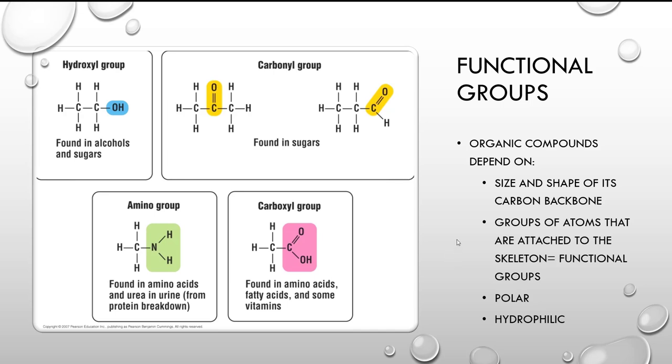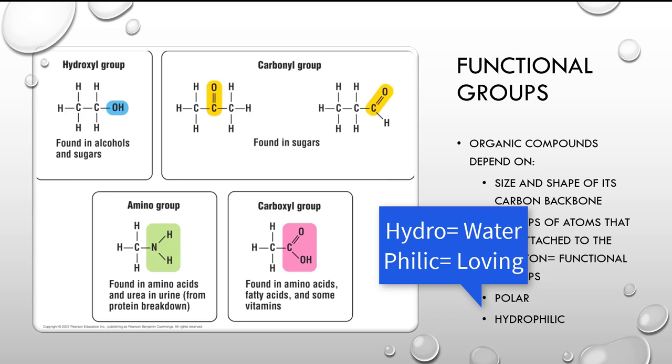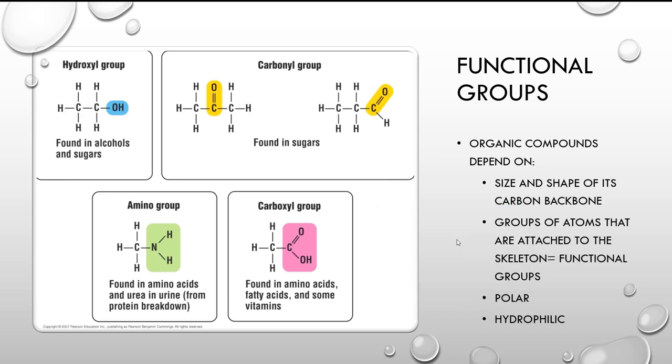And another thing, because they are polar, they also tend to be hydrophilic. So what is that term hydrophilic? Hydro means water, philic means liking or loving. So hydrophilic means that these particular functional groups tend to be hydrophilic, or water-loving.